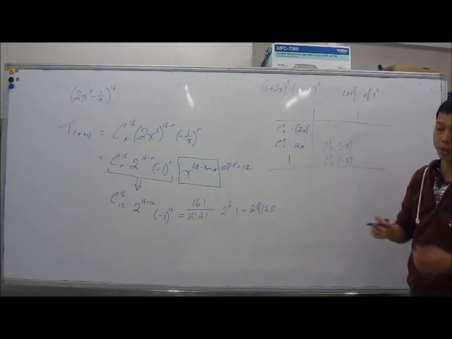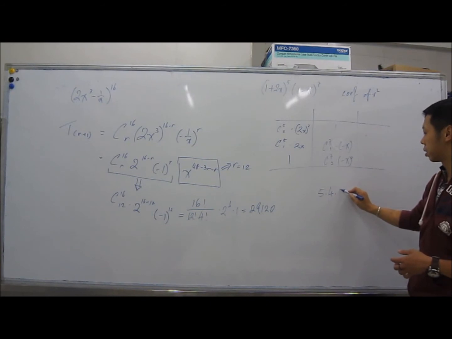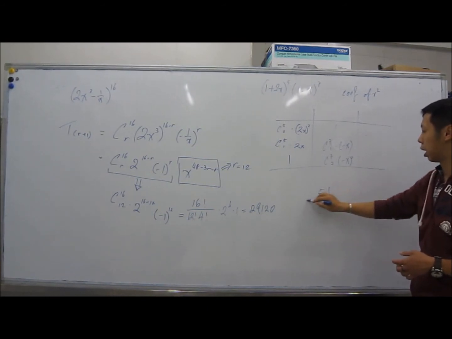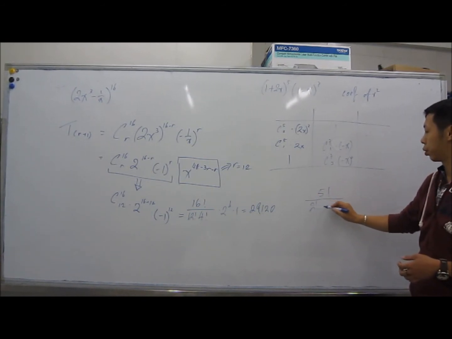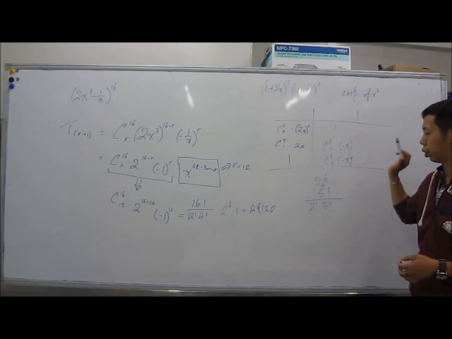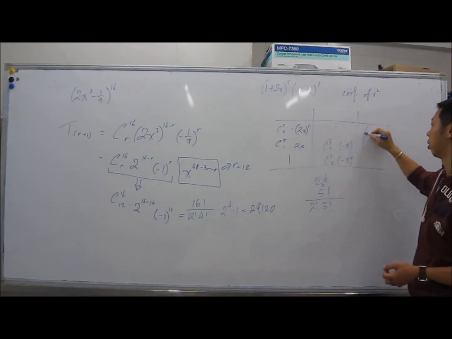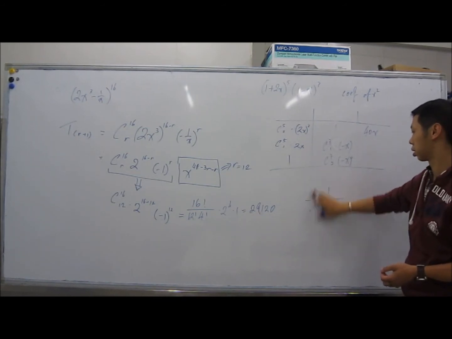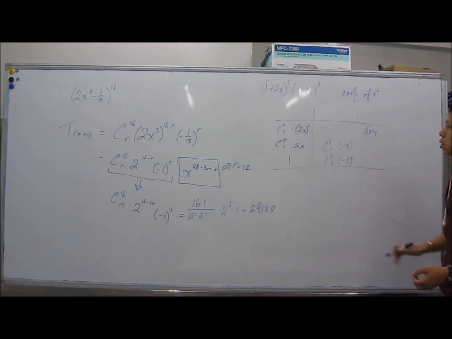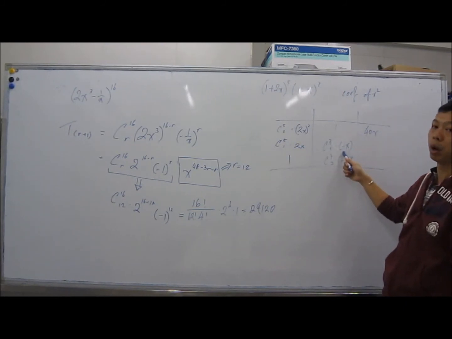Okay, C(5,2) is 5 times 4 times 3 factorial divided by 2 factorial and 3 factorial. That means it's 5 times 4 divided by 2, that is 10. 10 times 2 squared, that means 40. And this is 5 times 2, times 7 times negative 1.